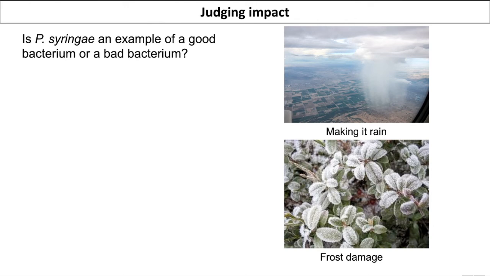Okay, so now let's think about the impact of these traits. Pseudomonas syringae, is it a good bacterium or a bad bacterium? We've heard that it can be a plant pathogen, and we've heard that it can cause water to fall.